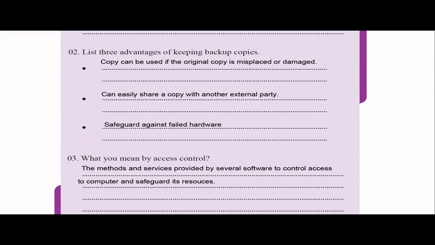Sometimes if you want to share your information or that copy, you can easily do it if you have a backup, you can share that backup with the external party. And especially when your hardware is damaged, or your software is damaged, or something goes wrong, like due to a natural disaster or something like that, it will definitely help you to safeguard from these threats.